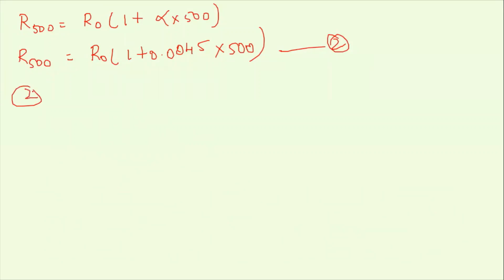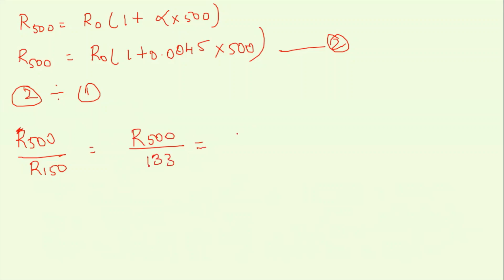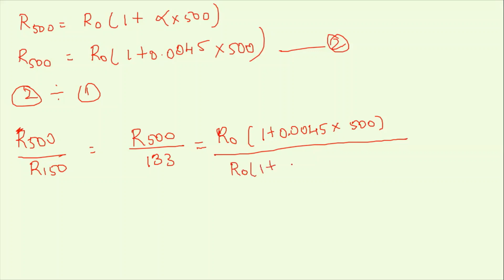Now divide 2 by 1. So it will be R500 divided by R150, that is R500 divided by 133 ohm, equal to R0 into (1 plus 0.0045 into 500) divided by R0 into (1 plus 0.0045 into 150).